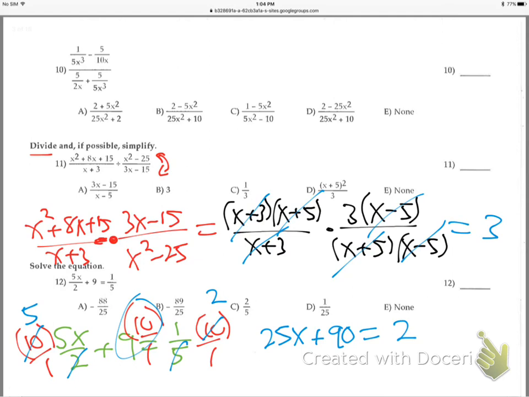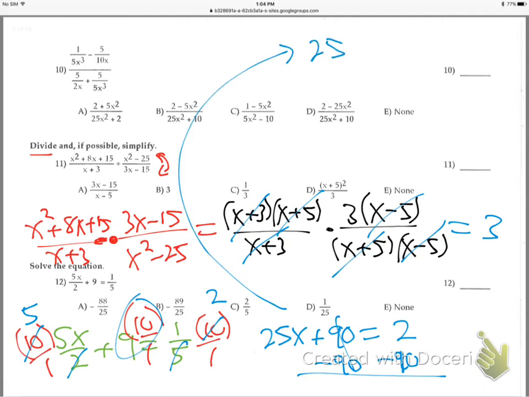We good? 25x plus 90 equals 2. How do we solve for x? Subtract 90 from both sides. So I'm running out of room. I'm going to bring it up here.